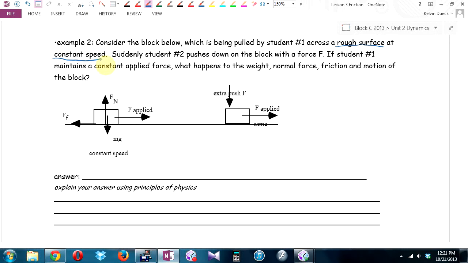So Elijah decides to jump on the bench with a force F. If Hakeem continues to maintain a constant applied force, what happens to the weight, the normal force, friction, and the motion of the block? Explain your answer. There's a picture.